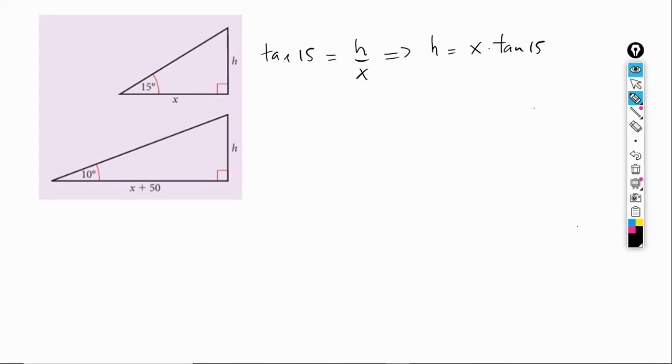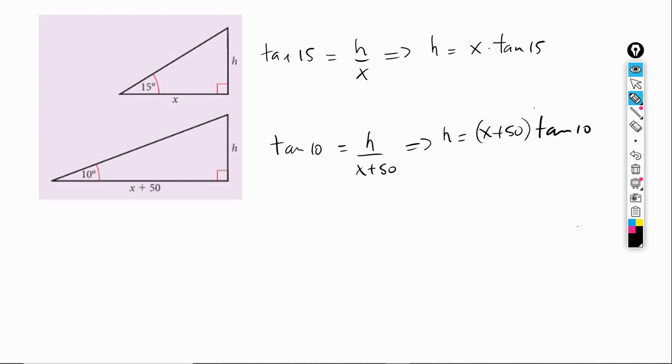All right, so for the next triangle, we have that tangent of 10 degrees is equal to h over x plus 50. Therefore, h is equal to x plus 50 times tangent of 10 degrees. Okay. Notice that this has two variables, so we're going to have to solve for x first.